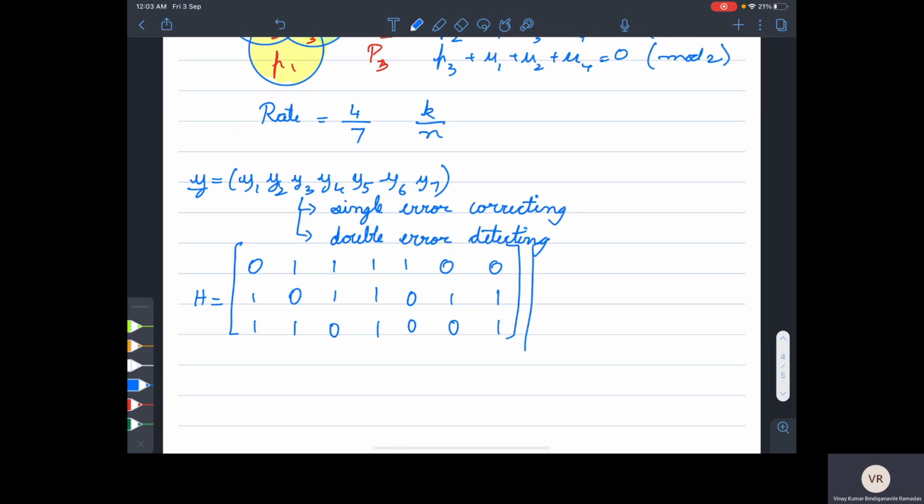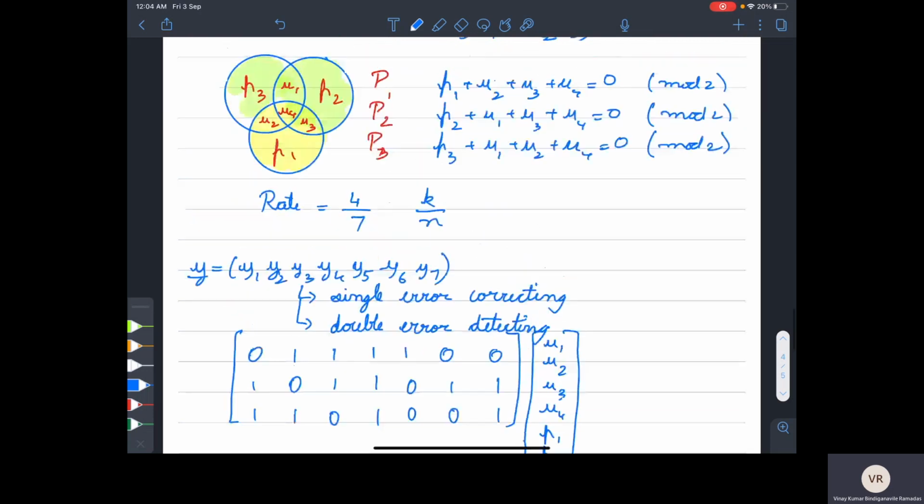This times Q1, Q2, Q3, Q4, P1, P2, P3. So all the three parity check equations which have been written here can be expressed in this form.